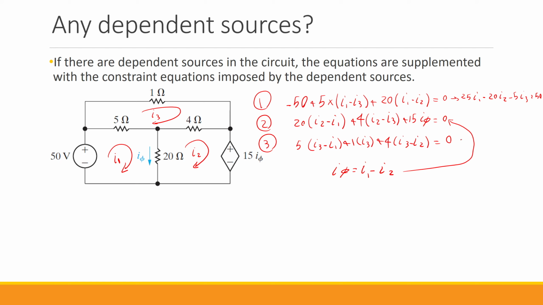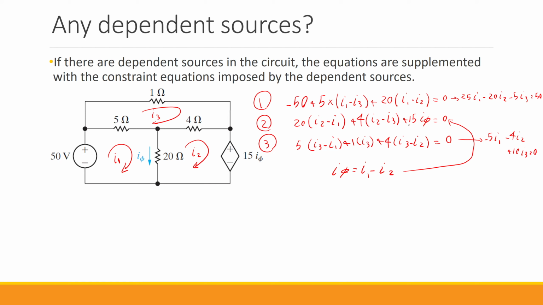The last one, if I want to write it, is going to be negative 5 I1 negative 4 I2 plus 10 I3 equals 0.